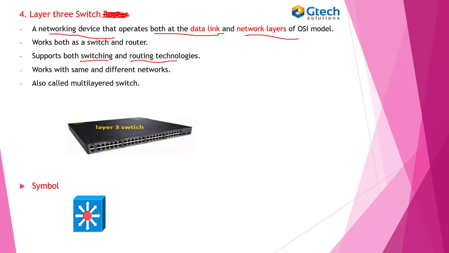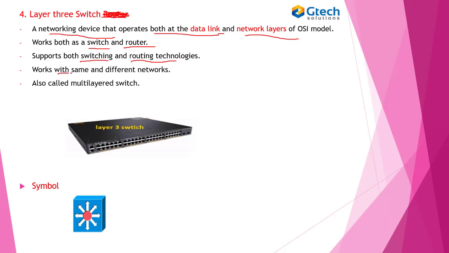It acts or serves both as a switch and a router. Layer 3 switch is a combination. It can work both as a switch and a router. That's why it operates at both the data link layer and network layer of the OSI model.